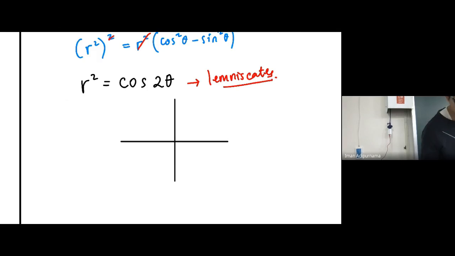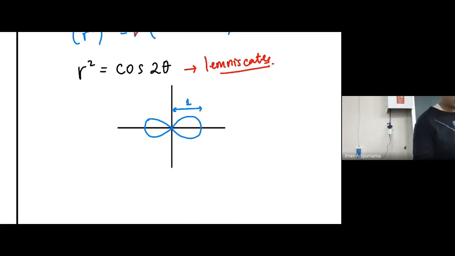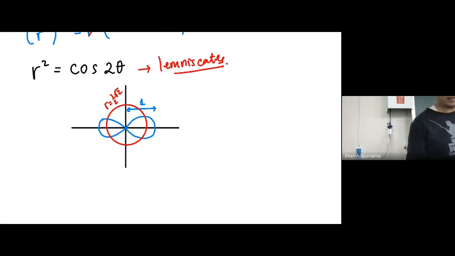So this is the distance 1, and the r is maybe around here. So this is r equals half square root of 2. And we can solve it.